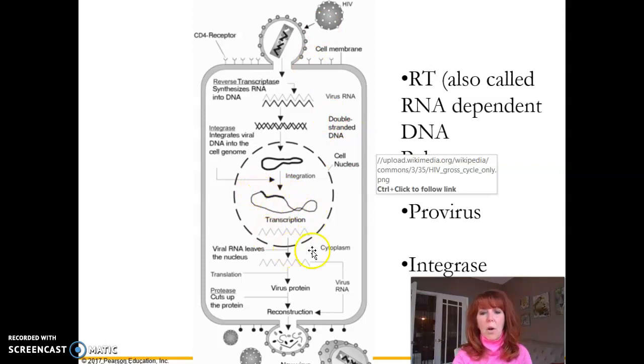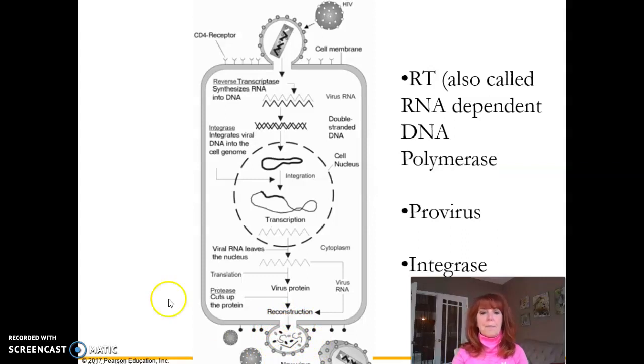It'll cause transcription and translation, which makes viral proteins, but also it will cause transcription, which will make viral RNA. So now the virus's RNA and proteins are ready to be assembled, reconstructed here, and you can see that they're budding off of the T cell.